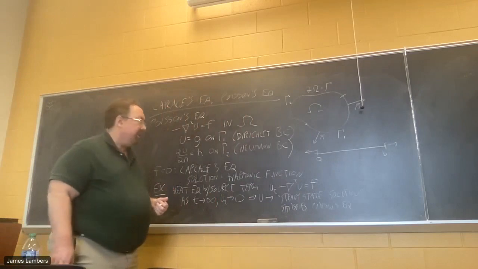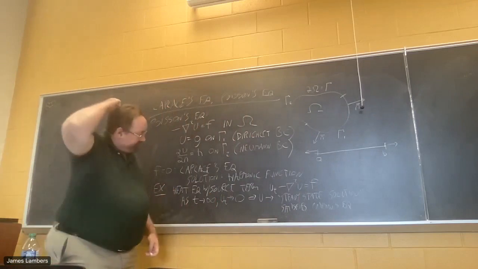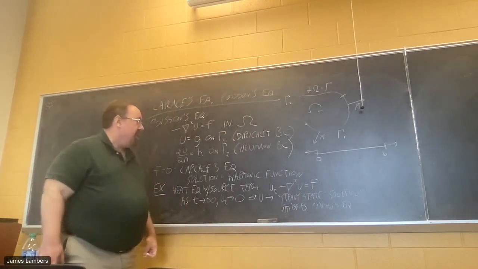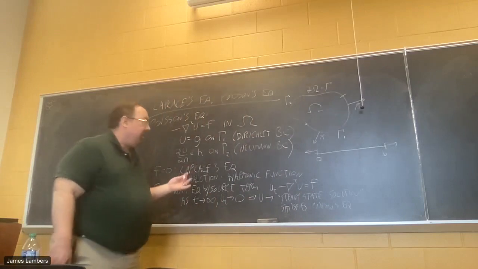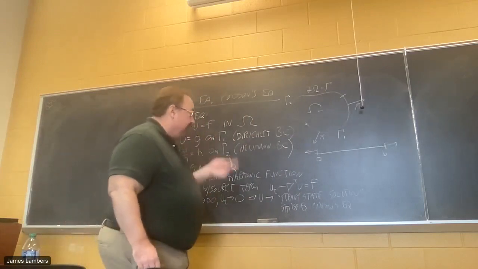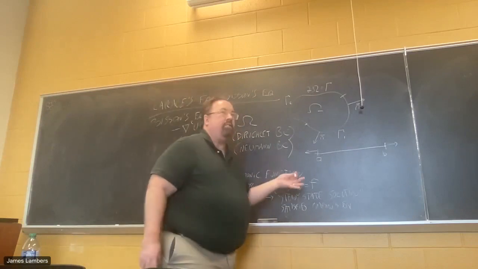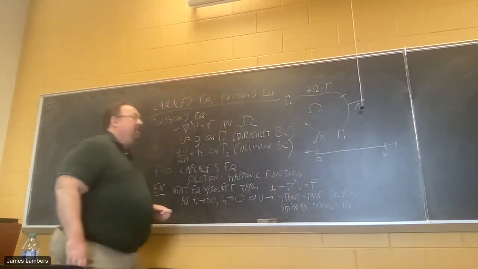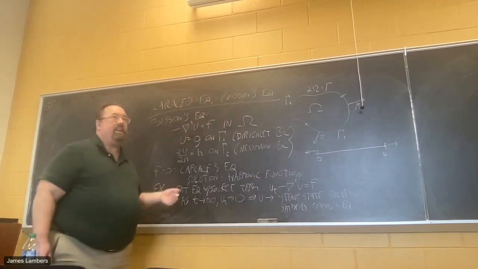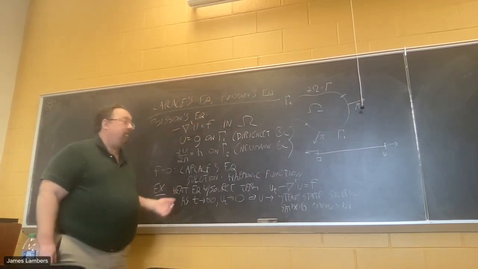So that's one thing to keep in mind here. If f happens to be 0, or if f goes to 0 as t goes to infinity, then we're left with Laplace's equation. So we can say that the steady state solution of a heat equation in that case is a harmonic function.